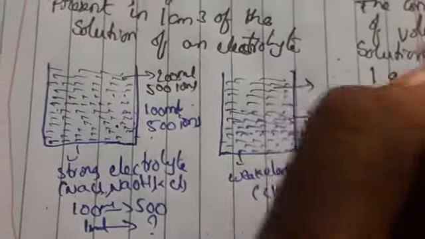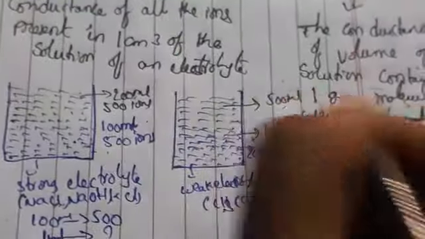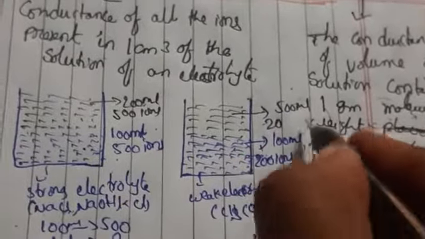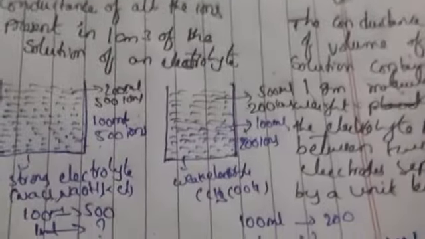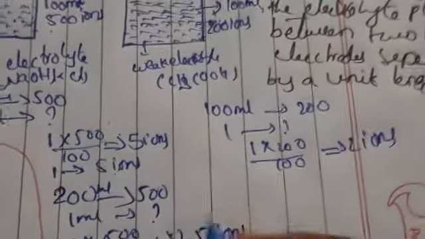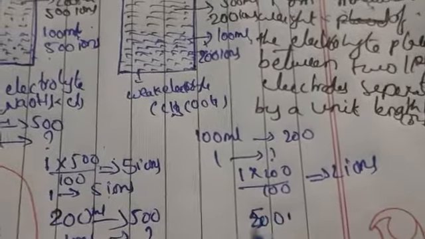For how many ml have we taken here? For 500 ml. This time I have increased up to 500 ml. Okay, so the ions are the same. Both started from 100 ml and I am increasing the dilution here, so the ions will be the same, 200.